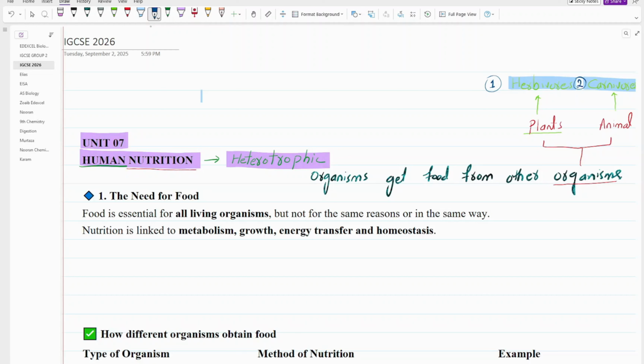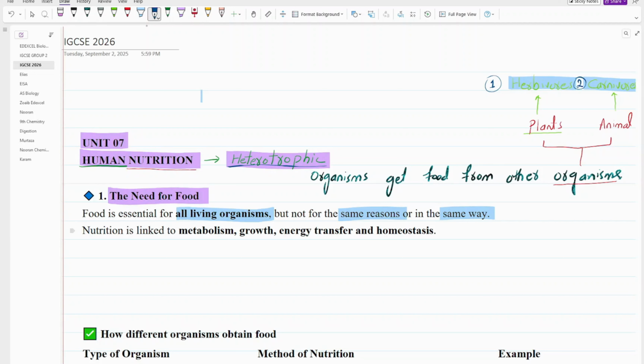So let's see why the food is needed by the body. This is a very basic question, the need for food. Food is essential for all living organisms, but not for the same reasons or the same way. Previously we discussed nutrition in plants, that was autotrophic, they were photosynthetic, they were preparing their own food, but animals are getting their food by heterotrophic mode of nutrition, means by eating other organisms.